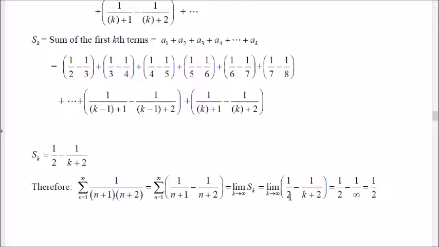But s of k is 1/2 minus 1 over k plus 2. As k approaches infinity, this term will go to 0. We get 1/2 minus 0, which is 1/2. And therefore we have just shown that the infinite series here converges to 1/2.